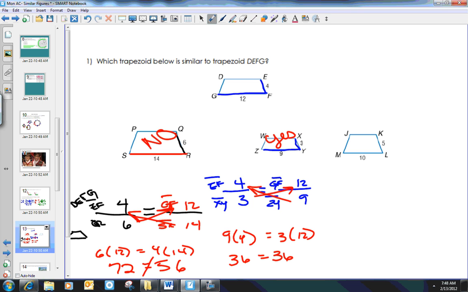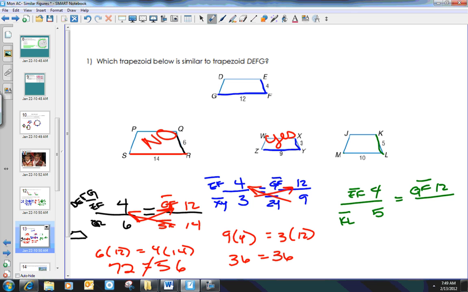Let's do the last one just to make sure that we've got the right one. And we're going to look at segment EF is 4. And the corresponding segment is KL, and that is 5. And then GF is 12.